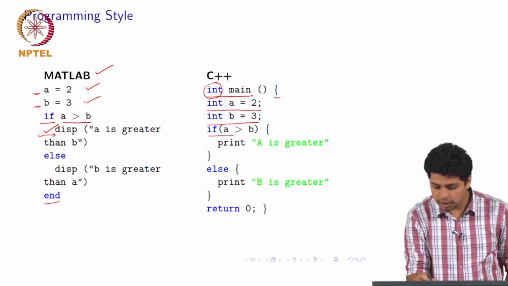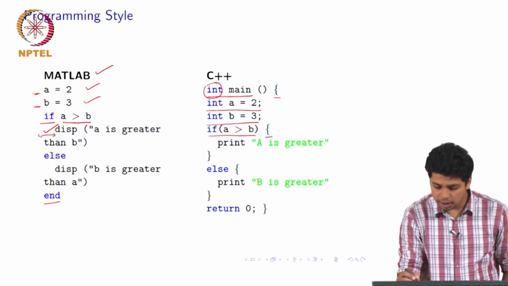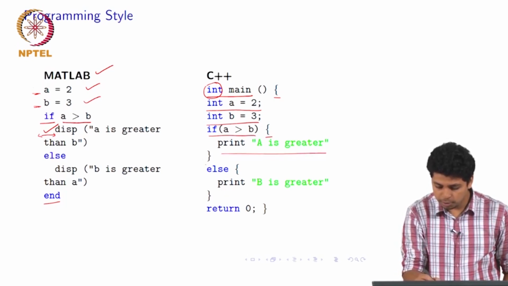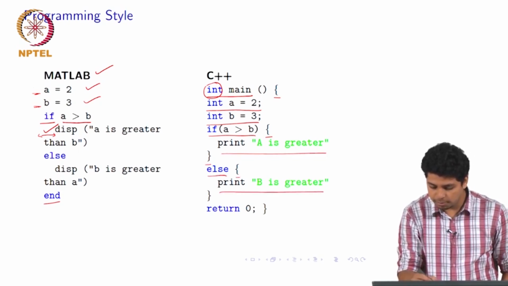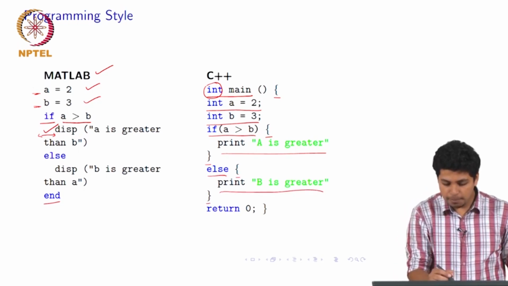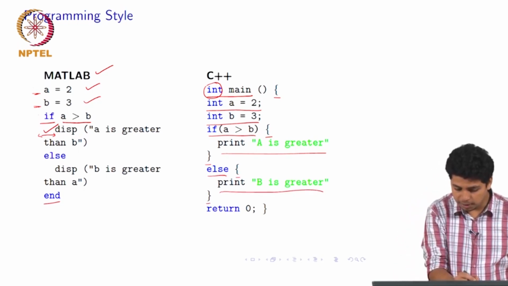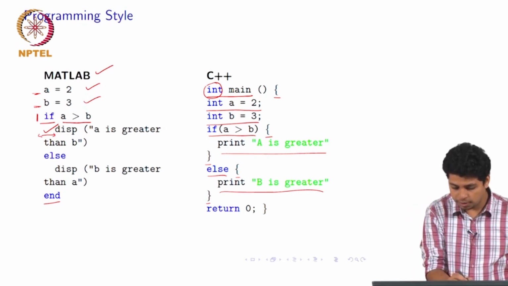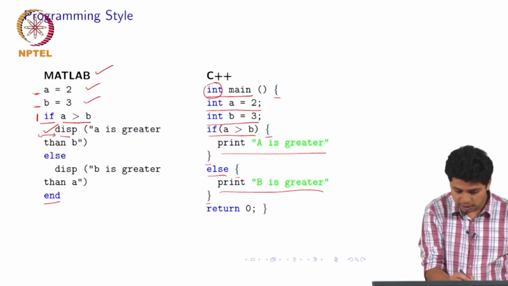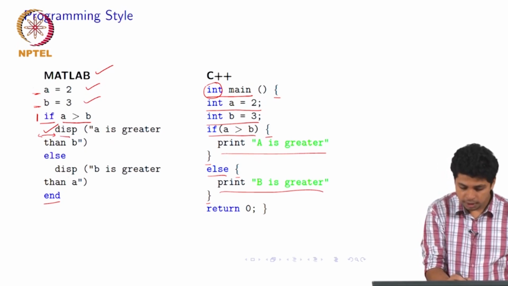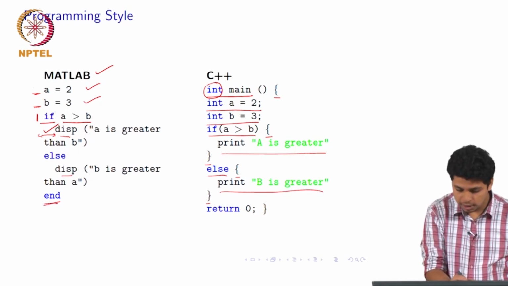Then you put a condition, and then you put again a curly brace. You print a statement, then you put a curly brace. Then you put else statement, again you put a curly brace open, then you print the statement and you put a curly brace. So in MATLAB, the difference would be, you just start an if statement, you put your condition, whatever statements you want to be executed, like display, you just put else, you put the second statement, whatever you want displayed in the else condition, and you put an end.